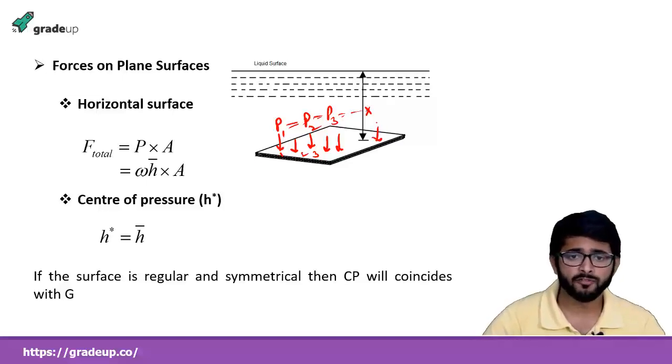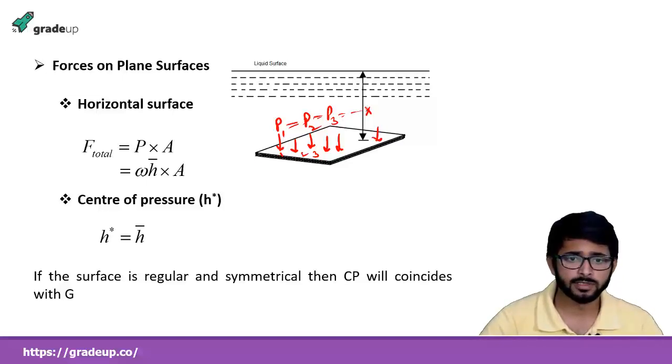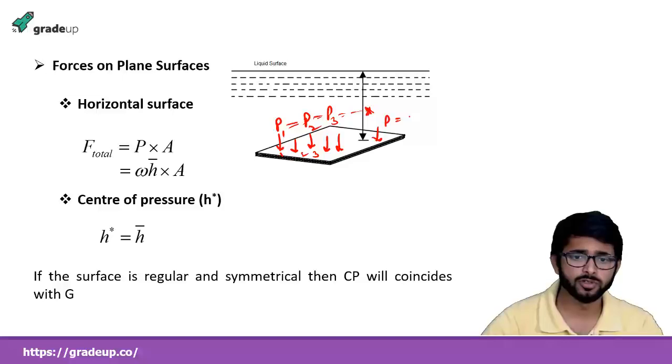So how can we find the pressure? Suppose the height is x. This pressure is equal to rho g into x. Force is nothing but the pressure into the area of the surface.